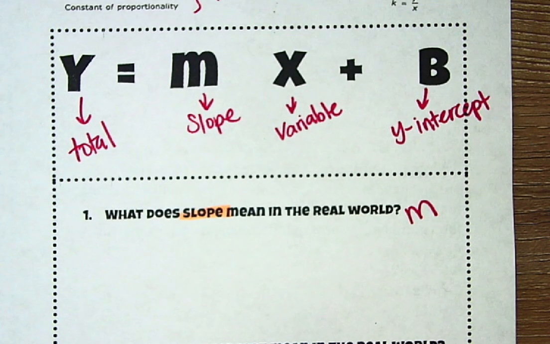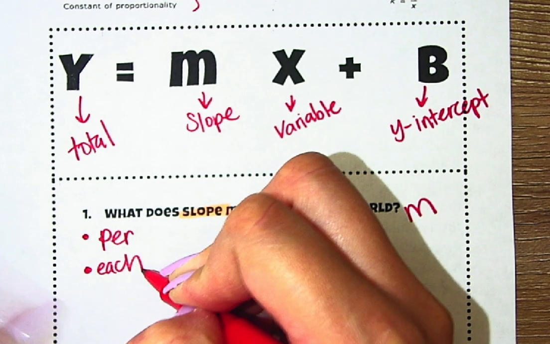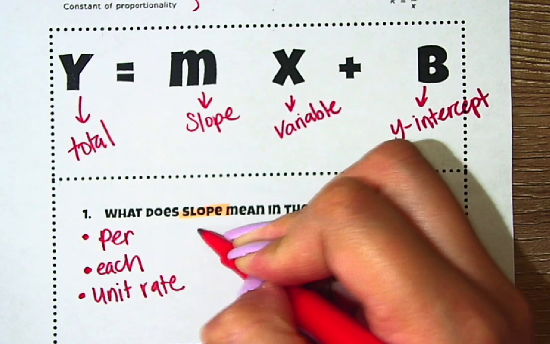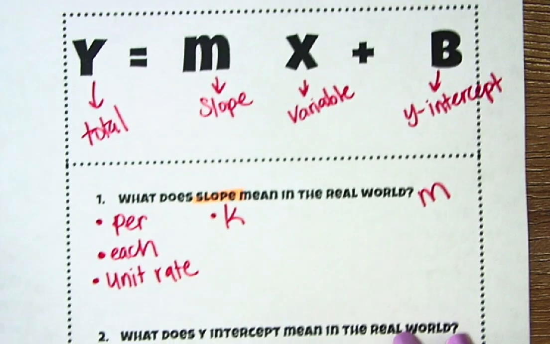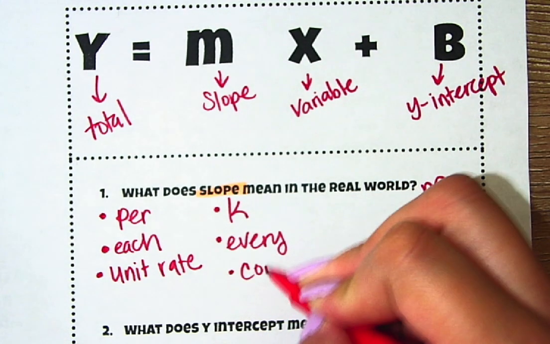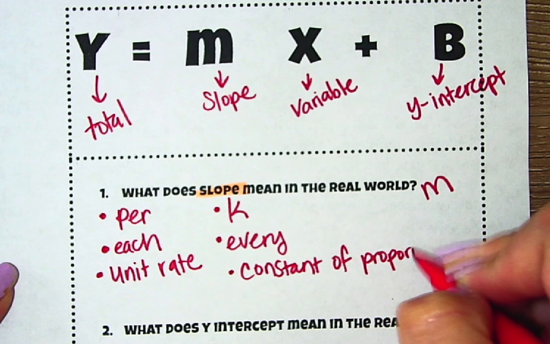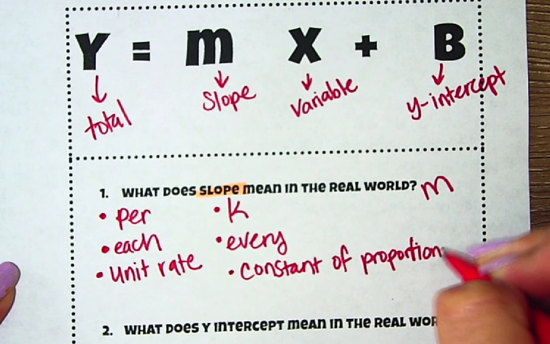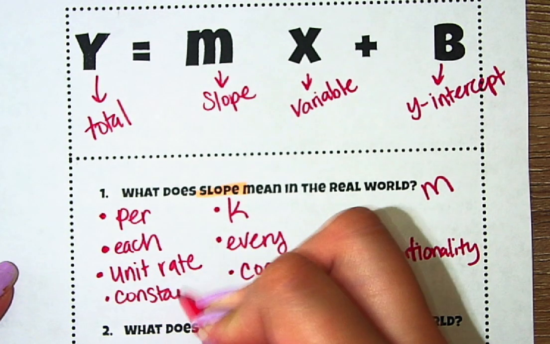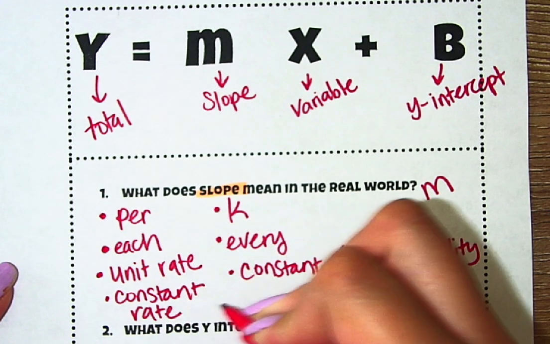So words that you might see are per, each, unit rate, k, every, constant of proportionality, constant rate, and rate of change.